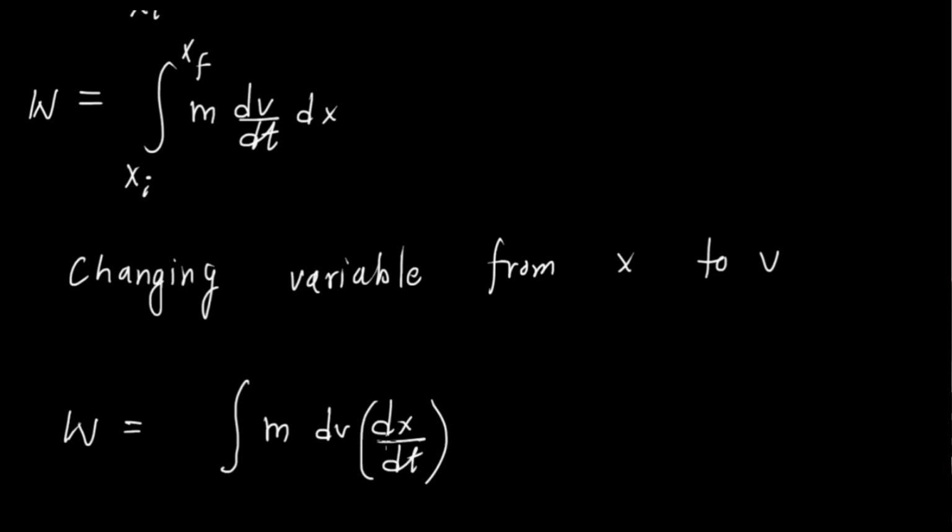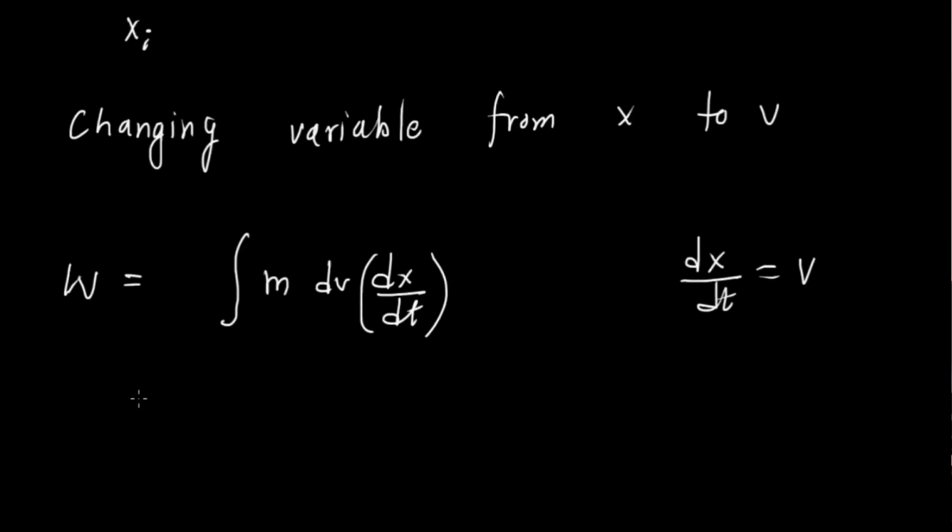And what is dx by dt? It is change in position with respect to time. So dx by dt is the velocity, and we'll substitute that too to get m into dx by dt is v, mv dv. So we have changed the variable from x to v, that is from position to velocity.